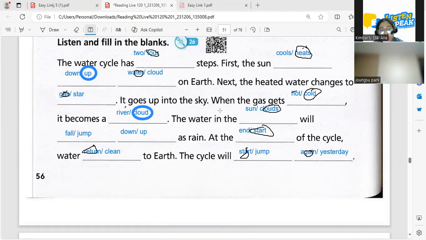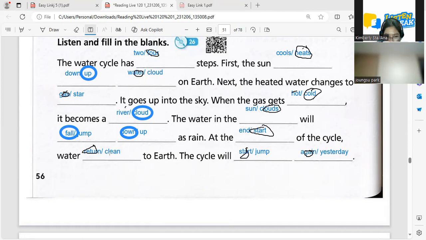The water in the clouds will fall down as rain.